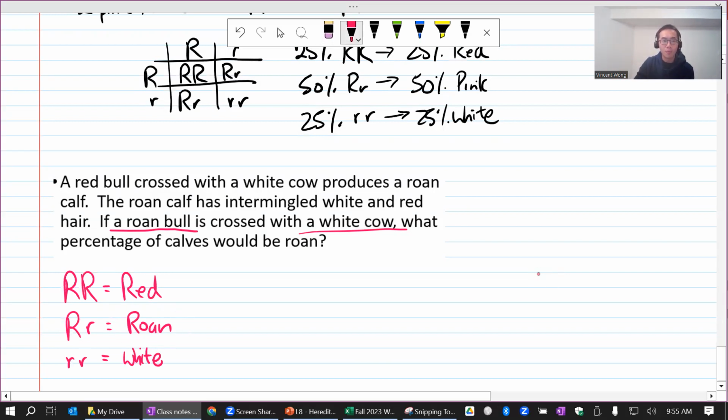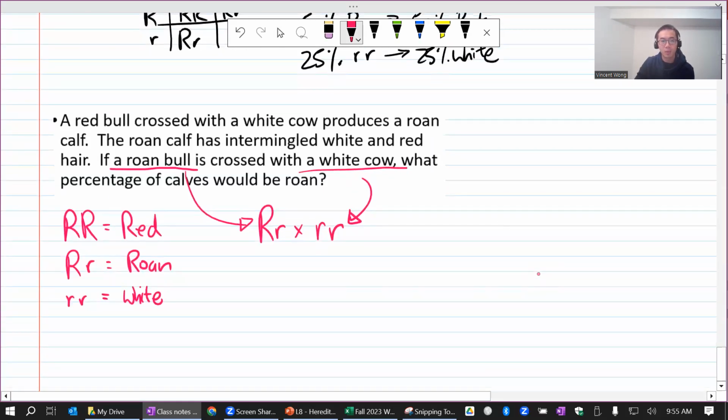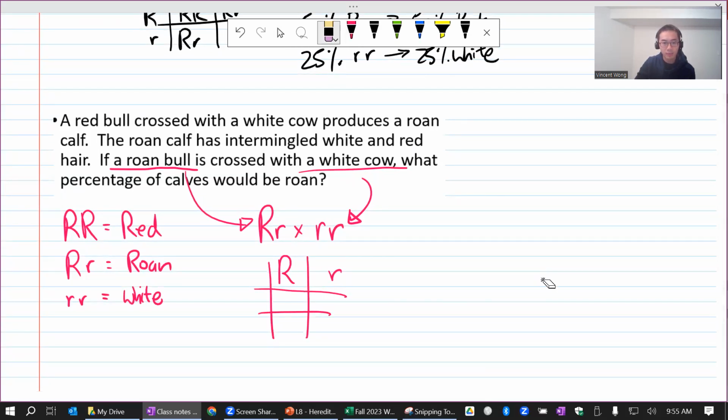So we have a roan bull crossed with a white cow. Roan bull and a white cow. So we can do our Punnett square.